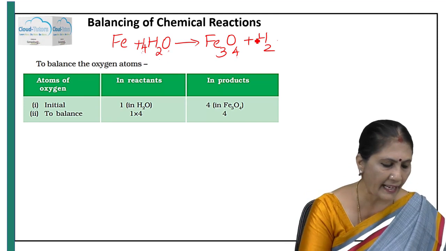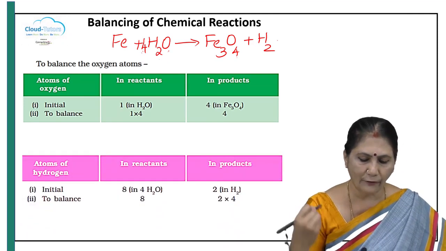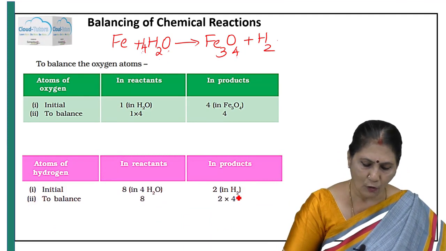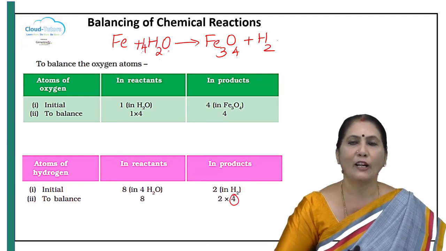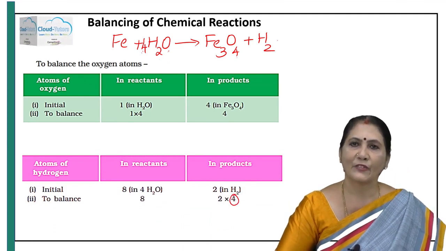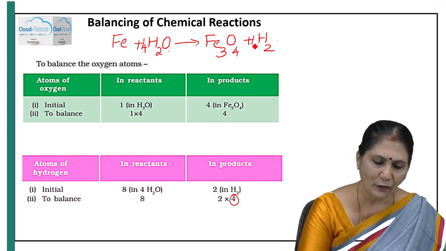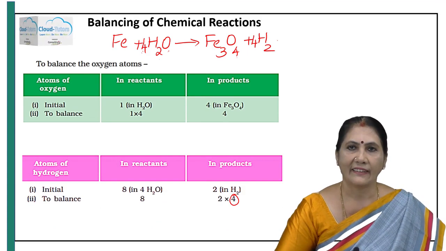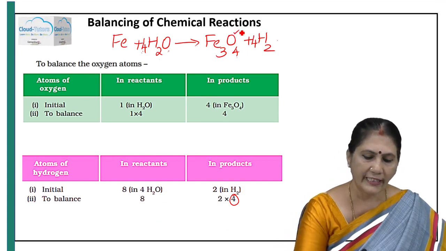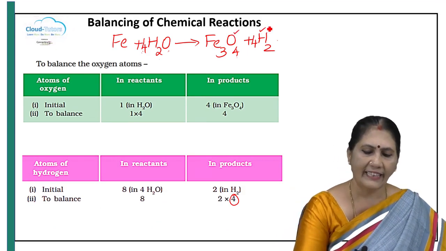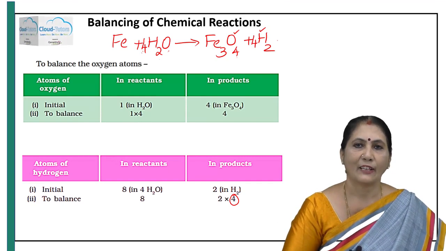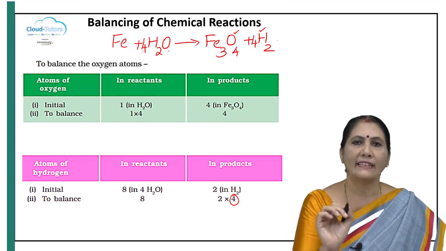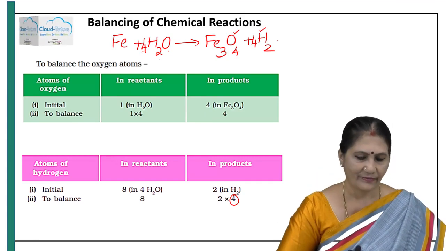That means, can I just draw a tabular column for hydrogen next? And I want to make it equal. So what number do I have to multiply on the product side? It is 4. So I have to write 4 beside hydrogen on the product side. Well, now oxygen has got balanced. Hydrogen has got balanced. Now the only concern is balancing of iron.